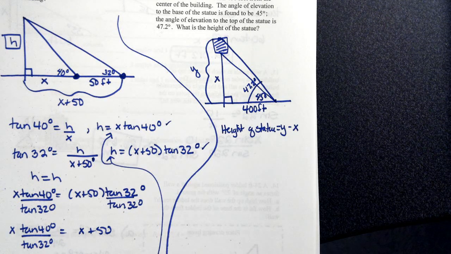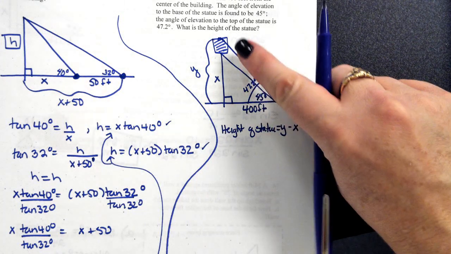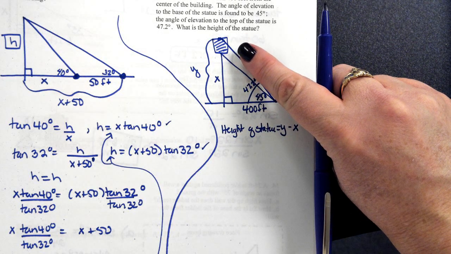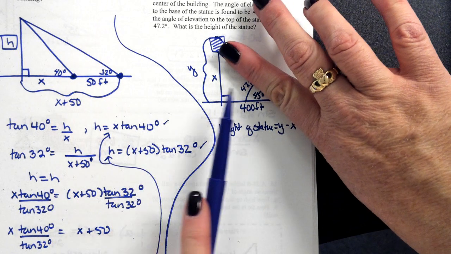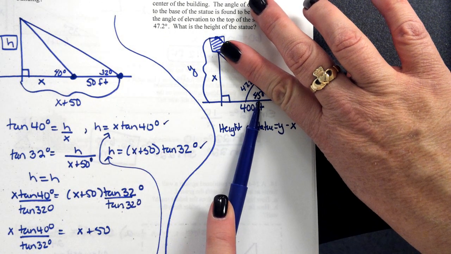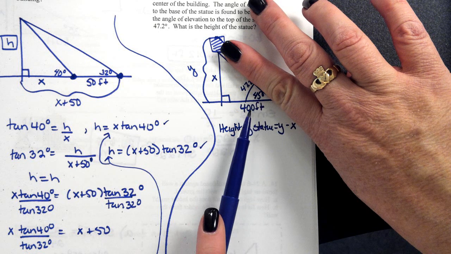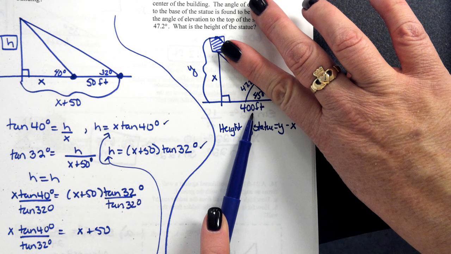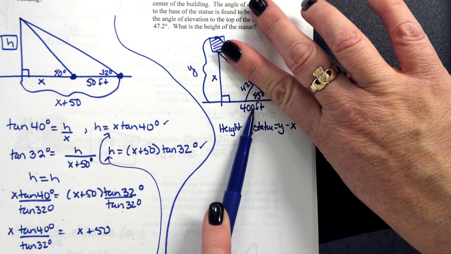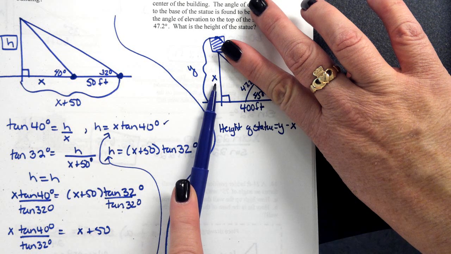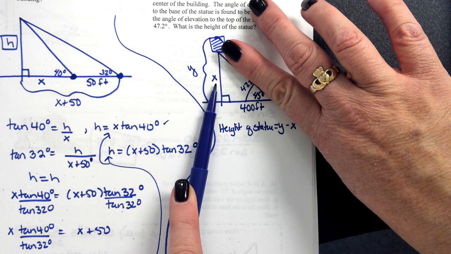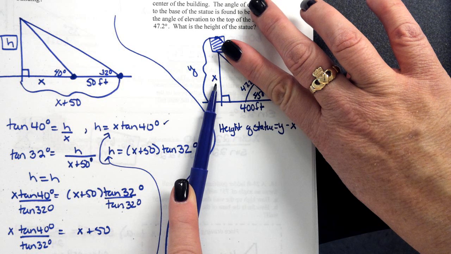So again, it doesn't matter which one I find first, whether I find y or x. So let me go ahead and work on finding x first. I'm looking at that smaller right triangle. I've got an angle of 45 degrees. I know that it's 400 feet from the base of the building. And in relationship to 45 degrees, which side of the triangle am I trying to calculate? The opposite, hypotenuse, or adjacent?